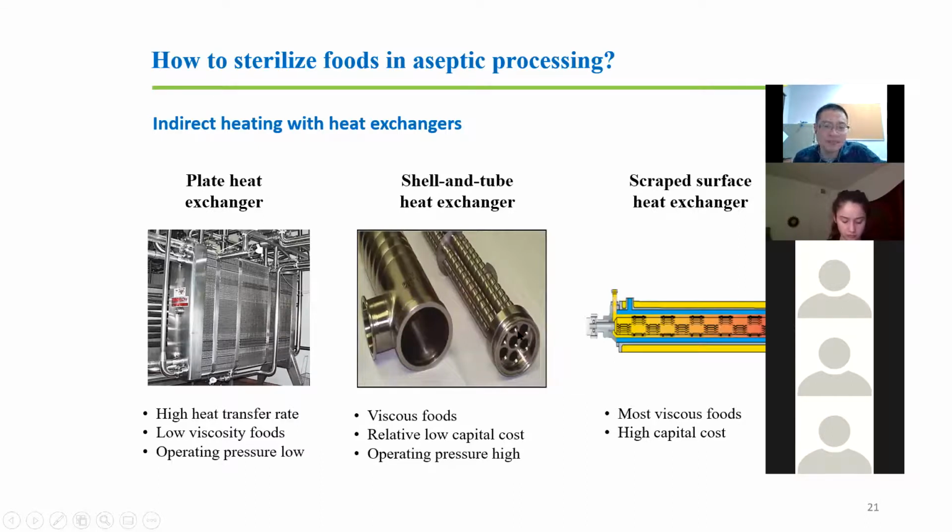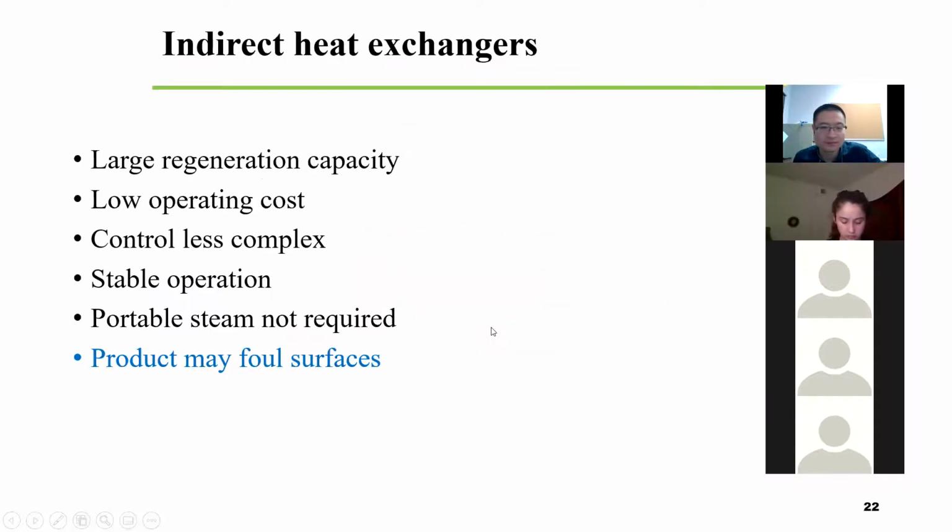The third thing is that we can cool it down quickly using cold water. And so the features of indirect heating: there's a good regeneration capacity, which means we are recovering the heat by the heat exchange. Also the operation cost is lower, and we have less complex control.